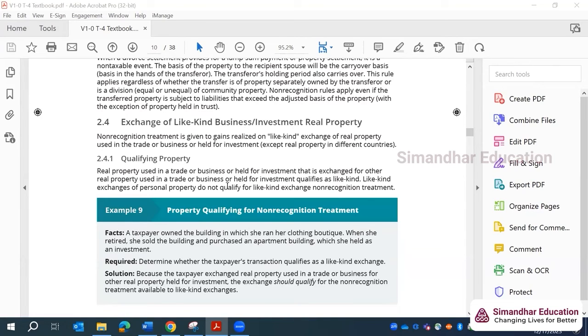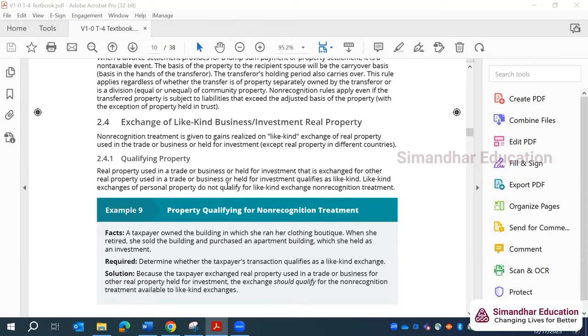Like kind means that it has to be the same kind, the same nature of property. So like kind exchange, investment, real property. Now, when I gave my CPA examination in the year 2014, at that time like kind exchange was for both real property and personal property. Do we all understand what is the meaning of a real property and what is the meaning of a personal property?